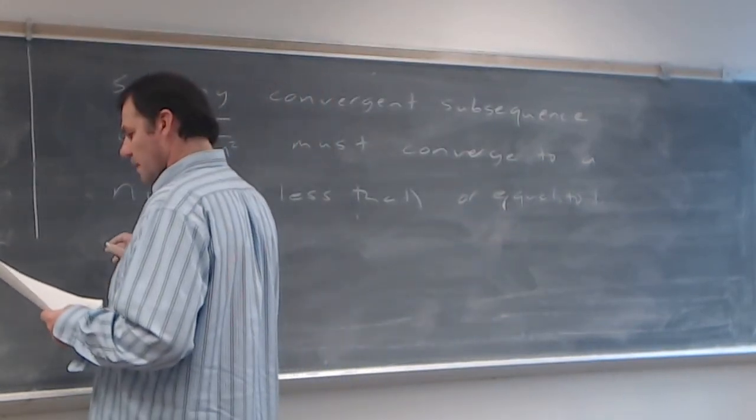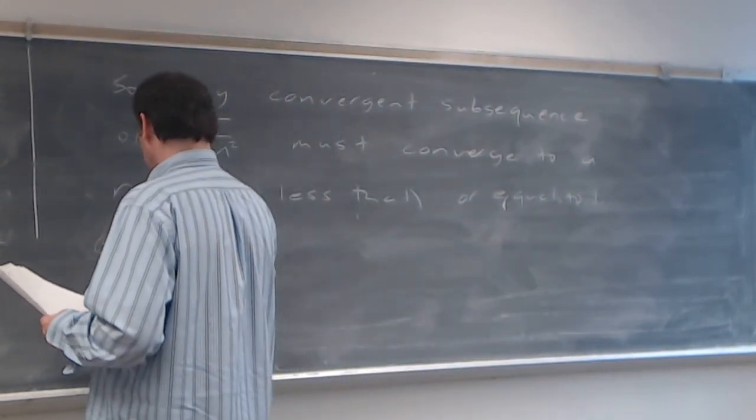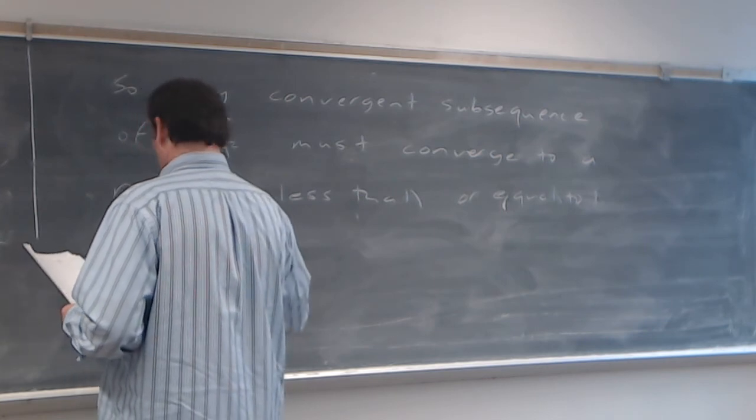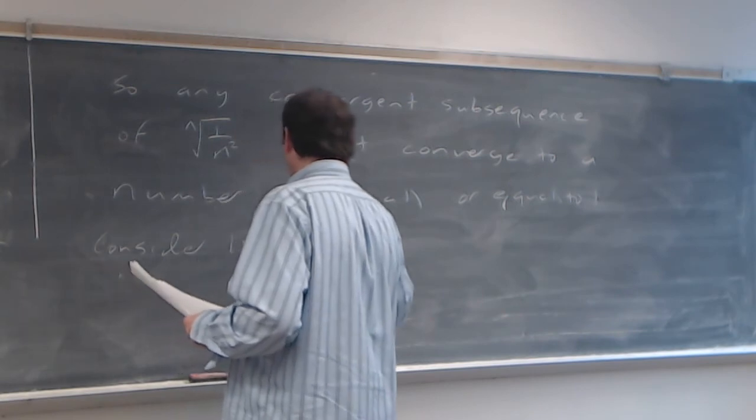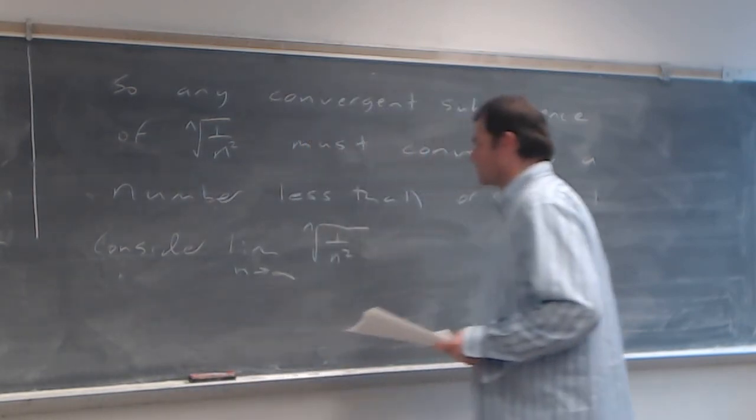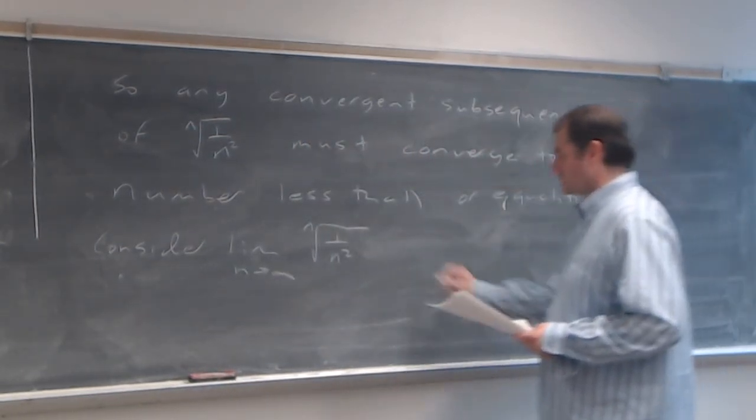So here, consider the limit as n goes to infinity of the nth root of 1 over n squared. We want to do the same type of work that we did before.